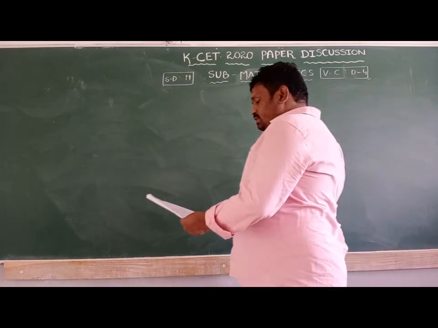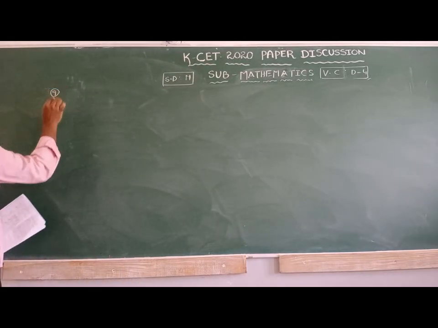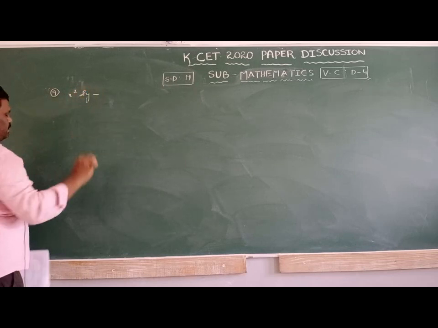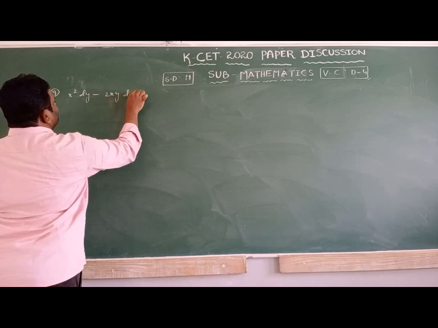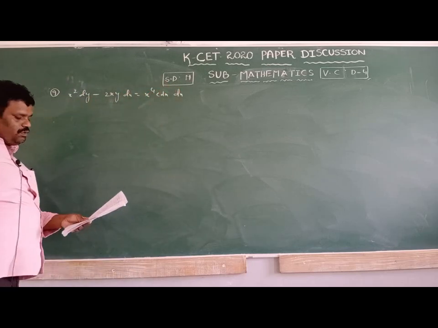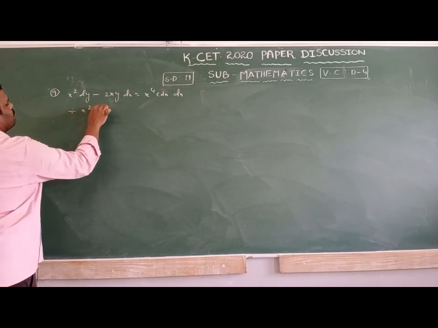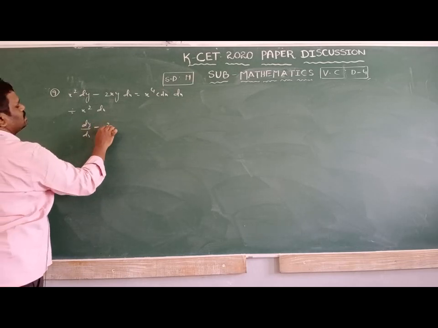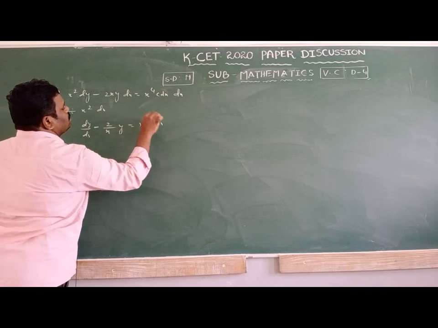Next, the 9th bit, the general solution of the differential equation: x square into dy minus 2xy into dx equals x power 4 into cos x dx. Dividing by x square into dx, we get dy by dx minus 2 by x into y is equal to x square into cos x.